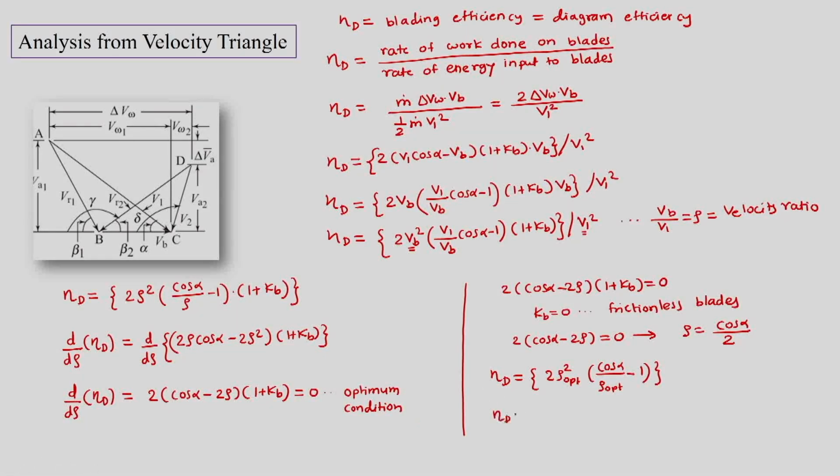If we put rho optimum as cos alpha by 2, then further, KB being a constant, it can be divided out, so it will not appear. So whether KB is 0 or not, we will have rho optimum equal to cos alpha by 2, since KB is a constant and can go to the other side.